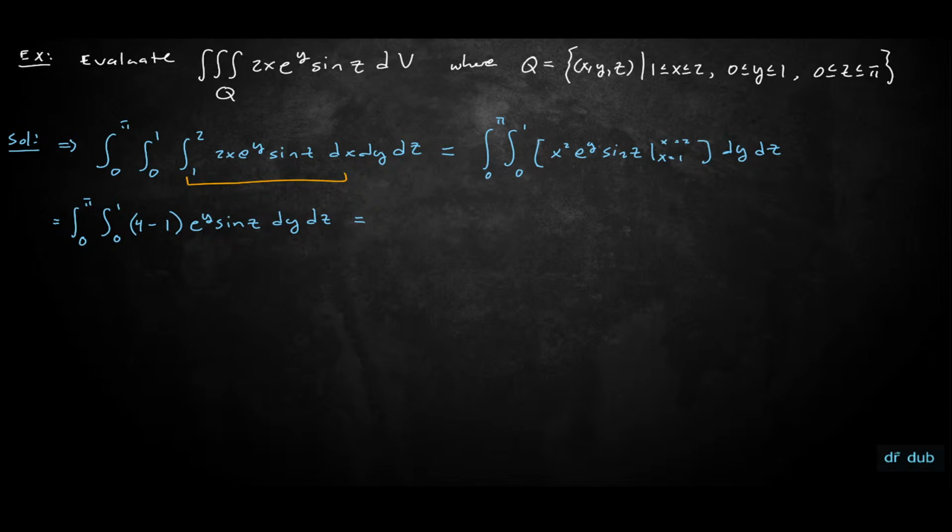So evaluate those bounds, we get 4 minus 1, which is just 3. I can pull that out of the double integral completely. So that's 3 times the integral from 0 to pi. Integrating with respect to y next, I just get e to the y sine z from y equals 0 to y equals 1, dz.